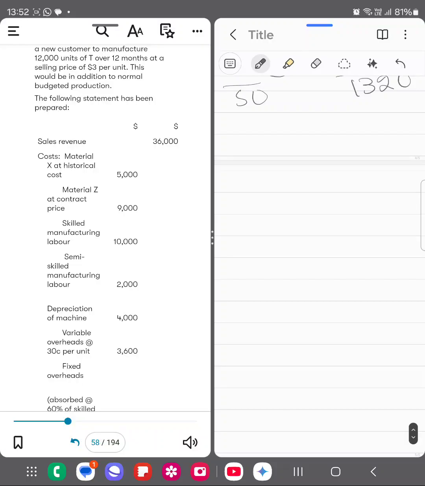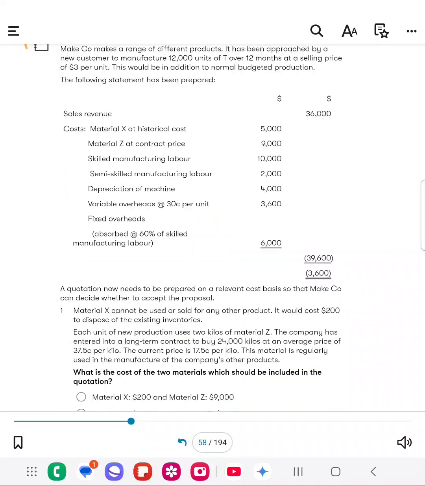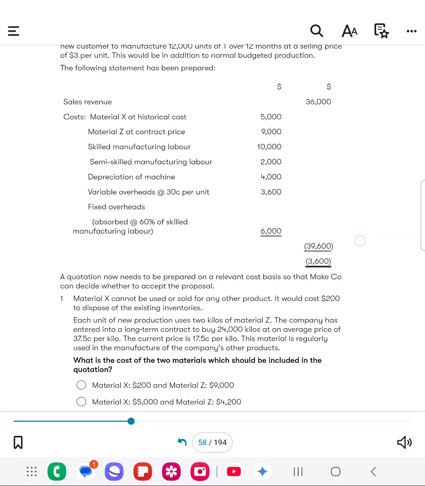If we talk about material X, over here I can see that it would cost 200 to dispose of. So whatever cost has been given in this statement, that is 5,000, this is a sunk cost and this is irrelevant, we do not need to consider it.